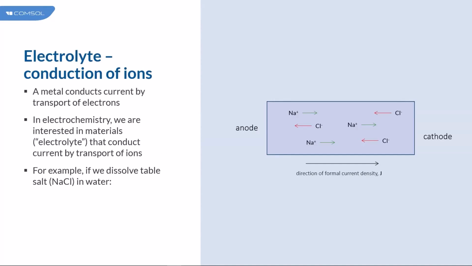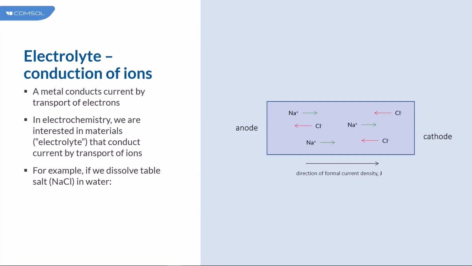In the electrolyte, we have conduction of ions, whereas in a conductor we have transport of electrons. In electrochemistry, we're interested in materials that conduct current by transport of ions and how chemical equilibria together with the electrochemical reactions on the boundaries interact with the electrolyte. For example, if we dissolve sodium chloride in water, the chloride ions will migrate towards the anode and the sodium ions towards the cathode.